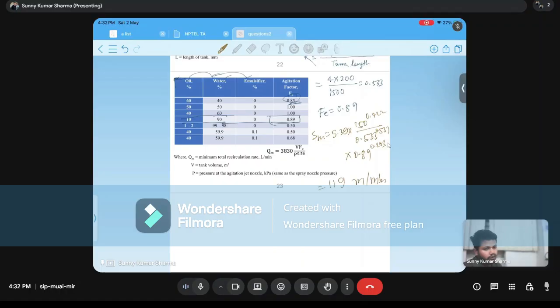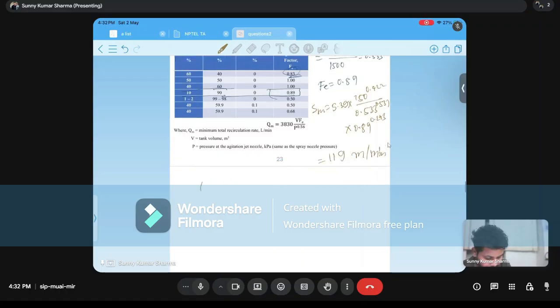Now, if you want to know the shaft speed in terms of RPM, then you can easily get it, as this is in meter per minute. Divide it by pi d. Velocity is equal to pi into d into N, so from here you can calculate N. So RPM will become Sm by pi d.